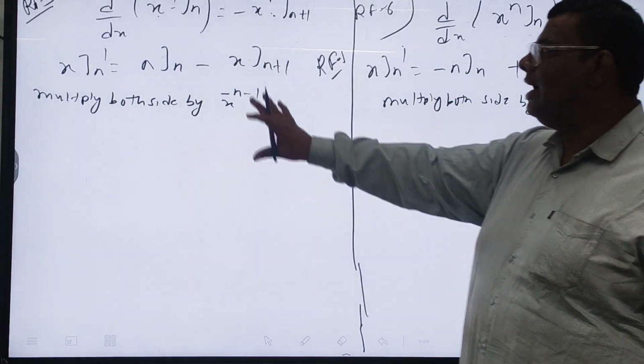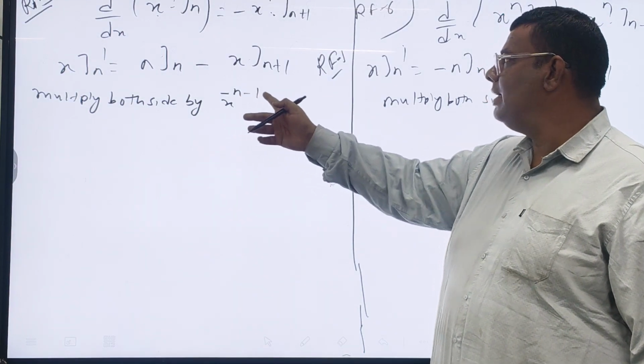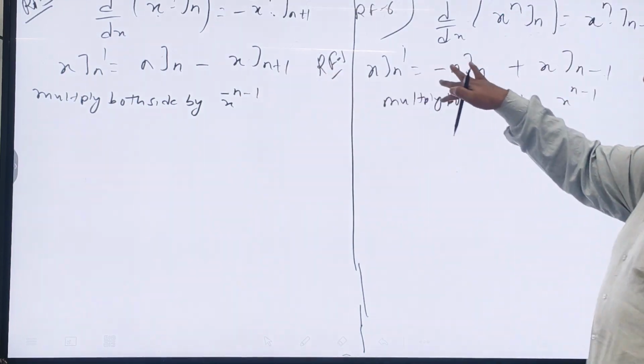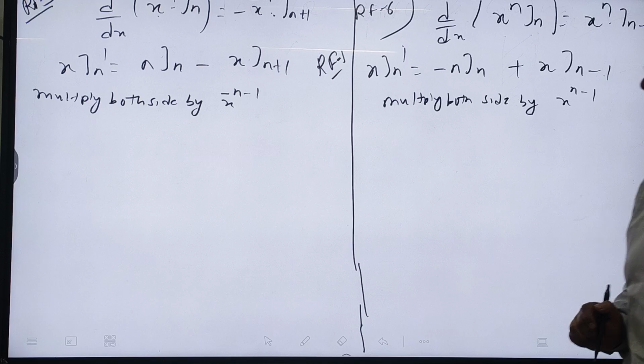In order to derive RF5, I will multiply both sides by x^(-n-1) on RF1, and in order to derive RF6, I will multiply both sides by x^(n-1) on RF2.